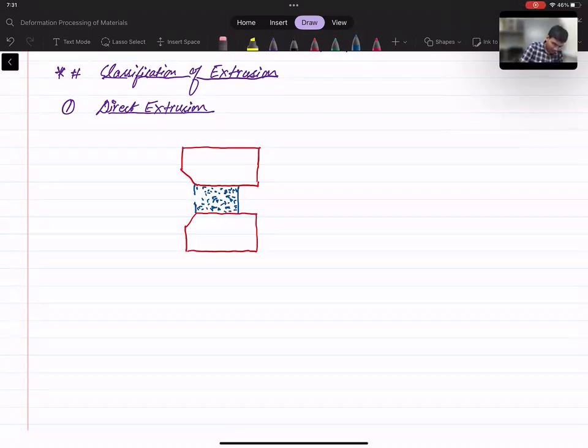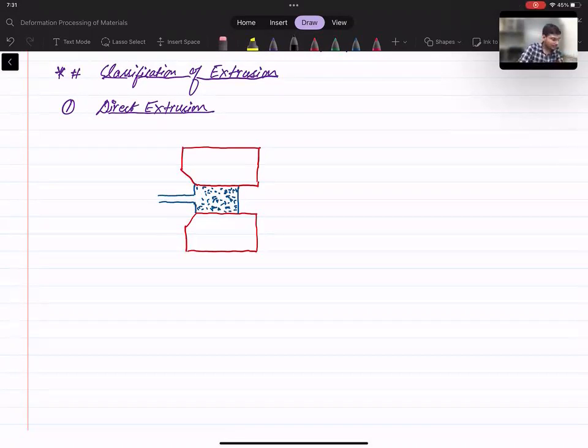Okay. And finally, it will get transformed to the desired shapes, say like this. So the component required for this operation, which will lead to the deformation, will be dies. They are made of hard materials like die steel, etc.